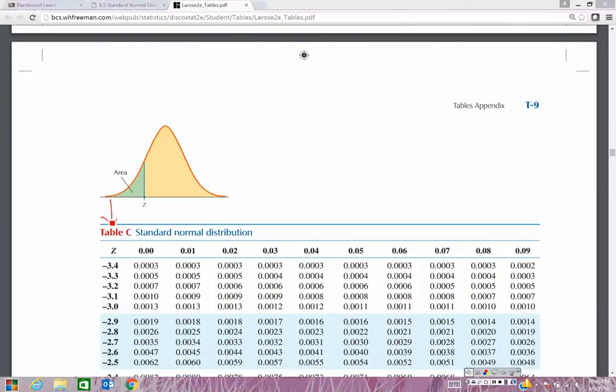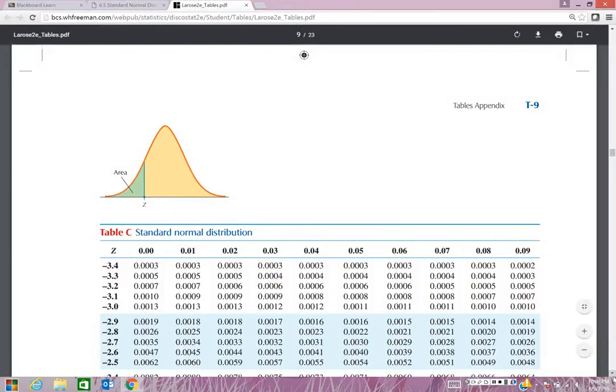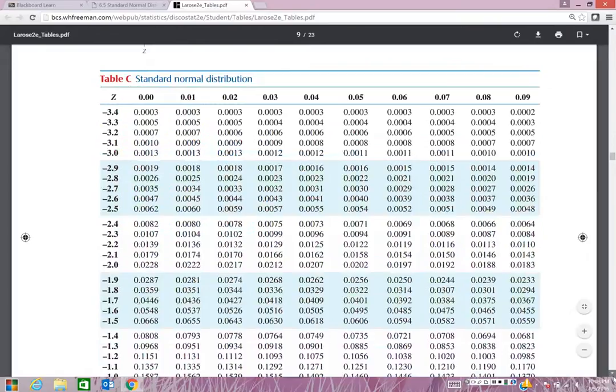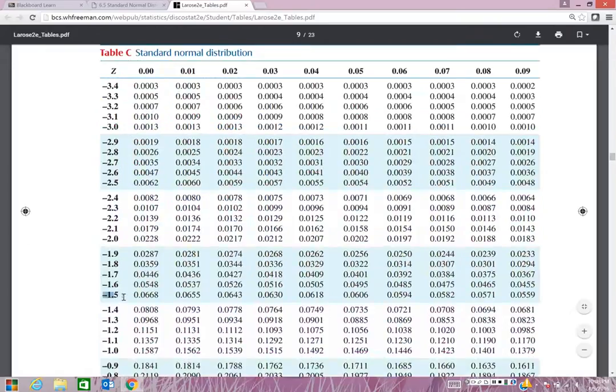So let's scroll down until we see the -1.5. So here we go, -1.5, and then we need the 0.02. This is the 0.02 we're looking for. So -1.5, 0.02, the intersection of that would be this number right here.